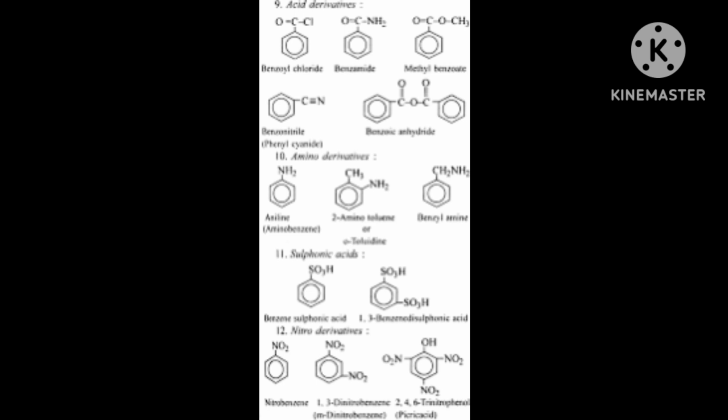OH group is attached with benzene, means base compound is phenol, and after that 2 groups are there. Then numbering will start with OH. OH will be carbon number 1. After that next will be 2, again next will be 3, next after that 4, 5, 6, like that way.